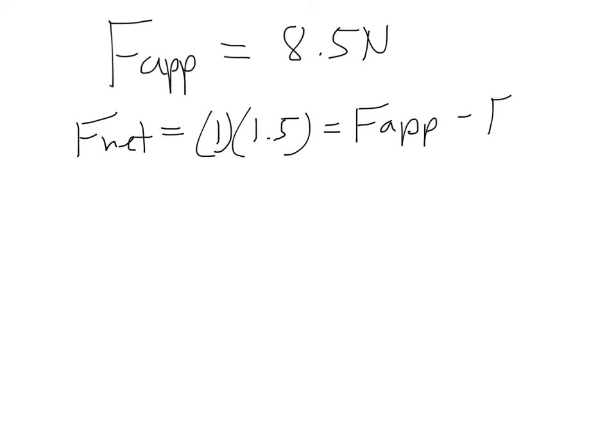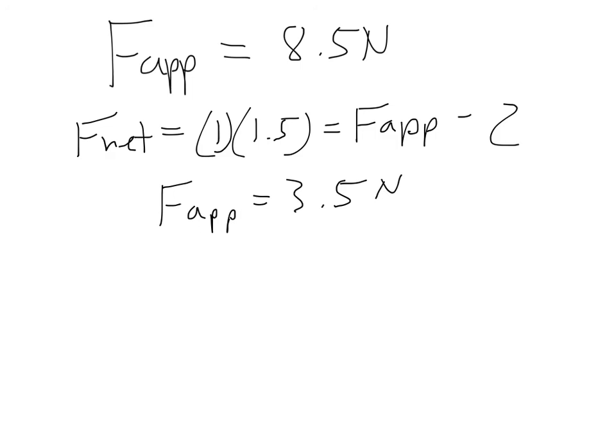And we know that the friction force for the Cheerios box is 2 newtons. So when we add those two together, we get that the force applied is equal to 3.5 newtons. That's the force applied on the Cheerios box.